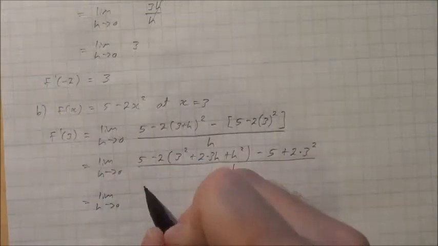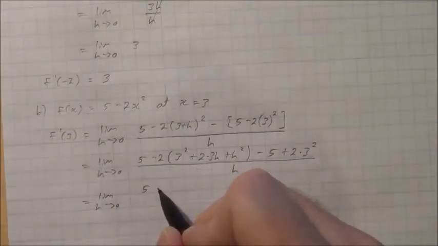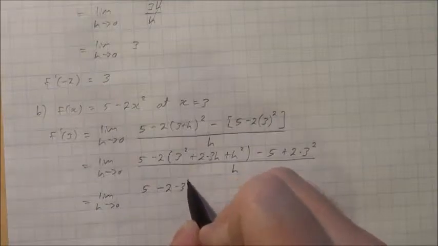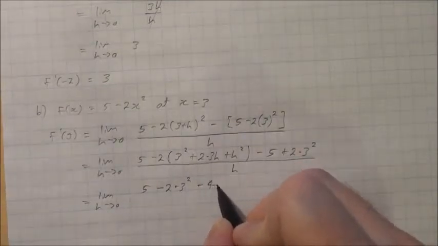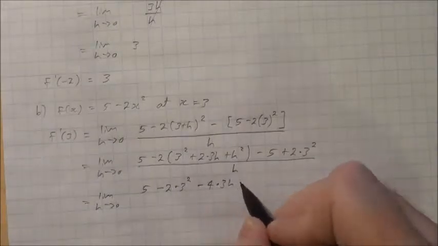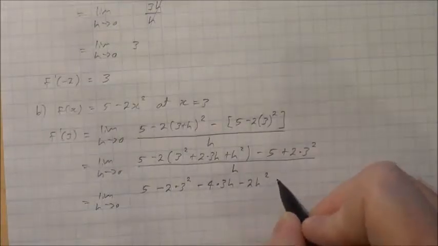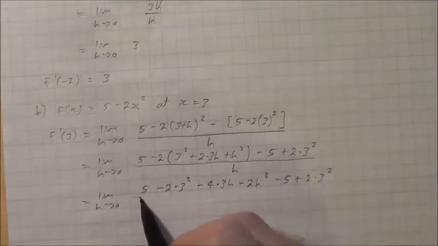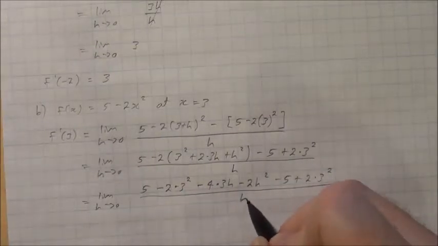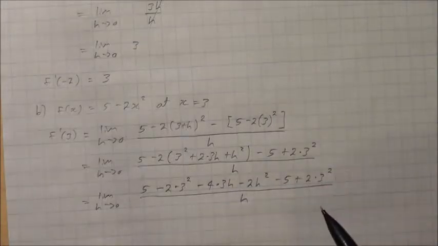Again, the limit of 5 minus 2 times 3 squared minus 4 times 3h minus 2h squared minus 5 plus 2 times 3 squared, all over h as h approaches 0.